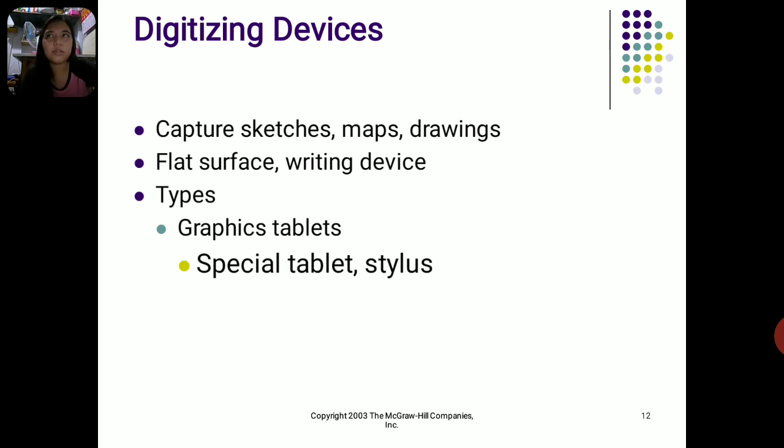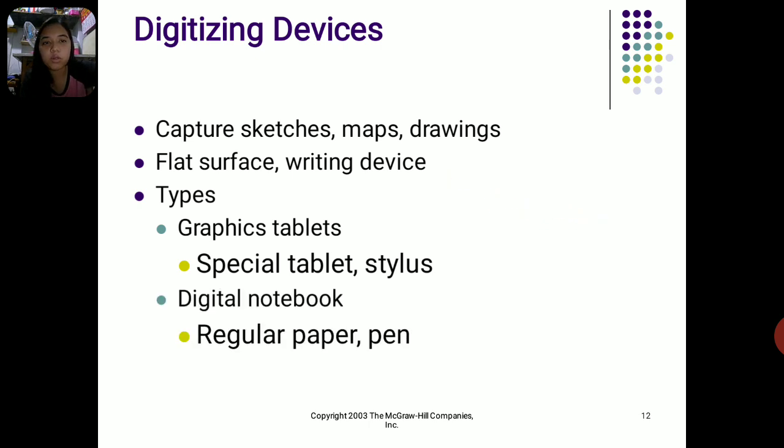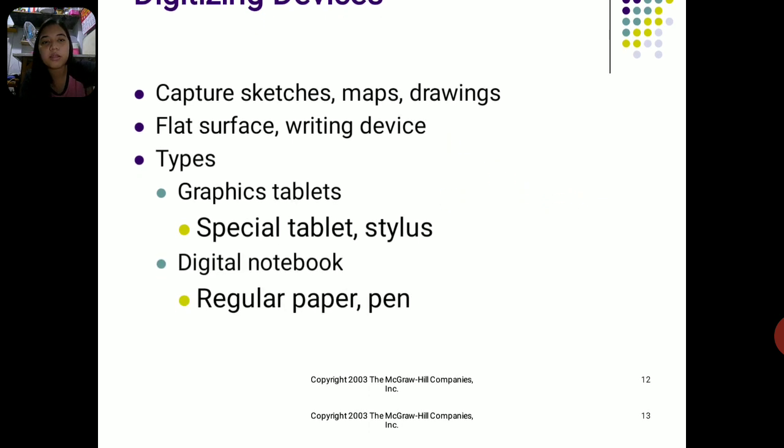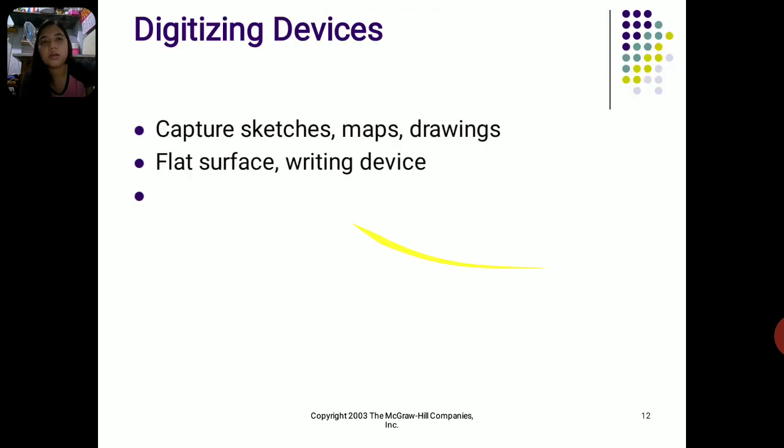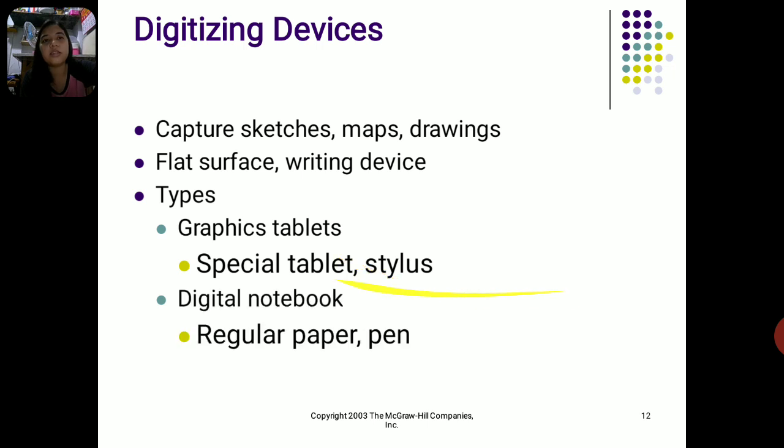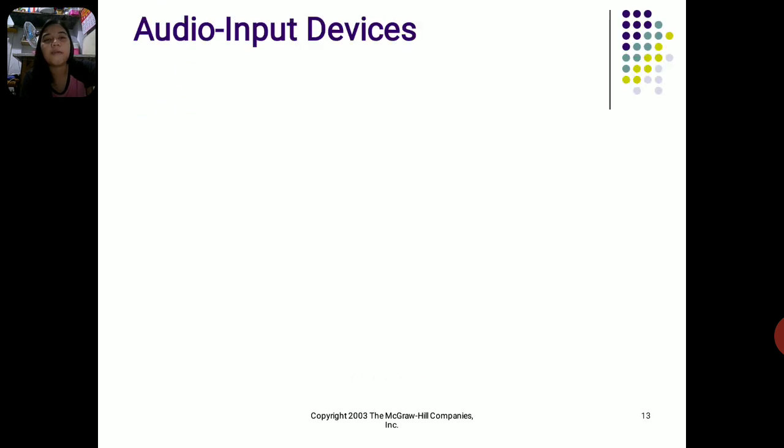We have another topic for this session that another group will discuss more deeply. So we have the digital notebook, with regular paper and pen. These are the digital devices that can be used as input devices.